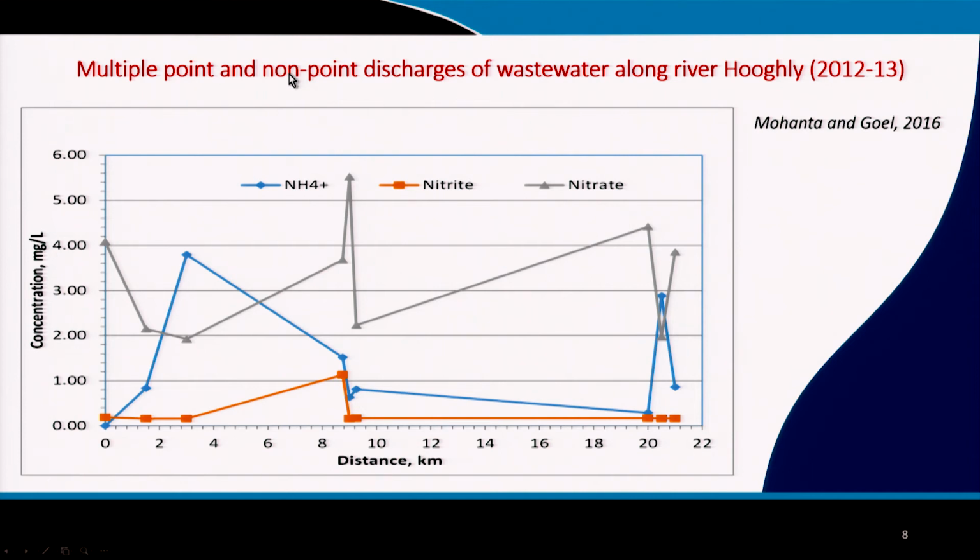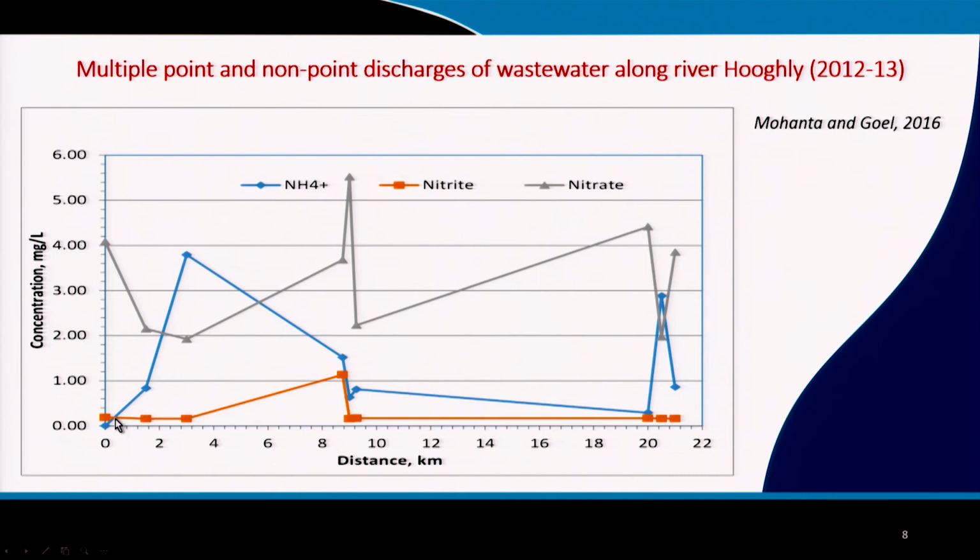In this kind of complex situation, what is the situation with respect to the nitrogen species? So for ammonia nitrogen, you can see this is the north end from where we started sampling, and the area above distance 0 is agricultural area. So it's mostly villages with fields and so on, and from 0 to 22 is the length of the river that passes through the two cities of Howrah on one side and Kolkata on the other side.